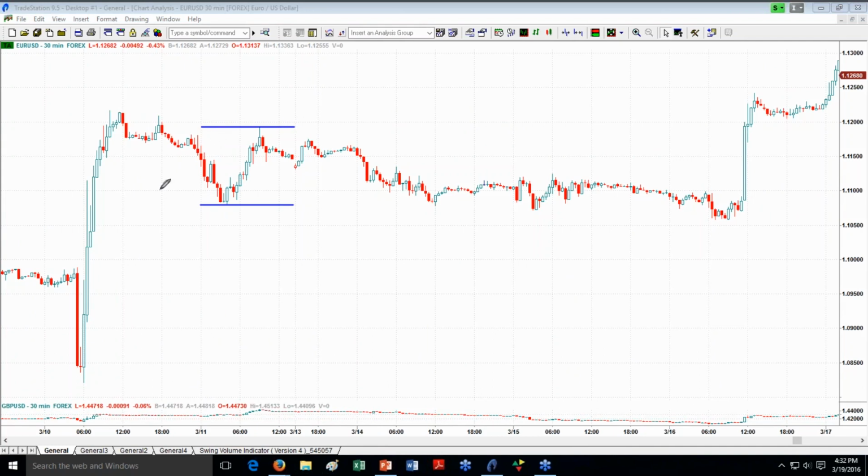And then you want to look at the previous close. This is the Asian session right here, and it goes up to here. So I still would use, especially with the London session, a breakout out of the Asian session.